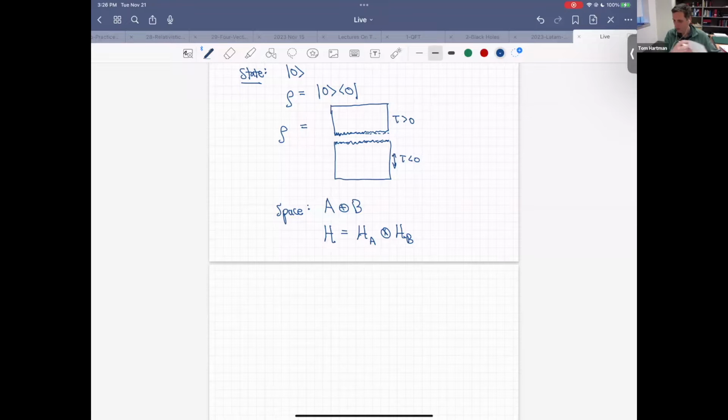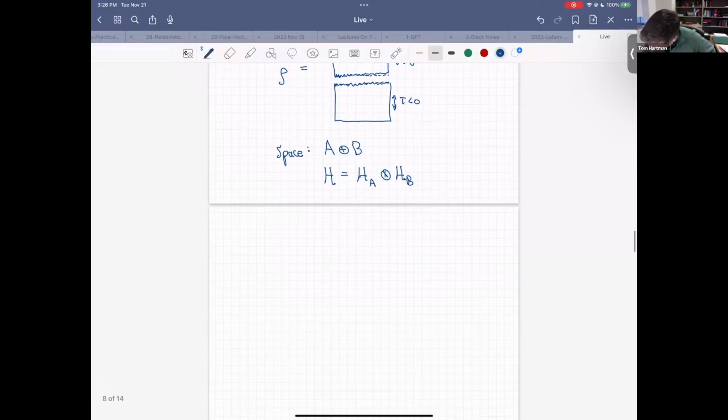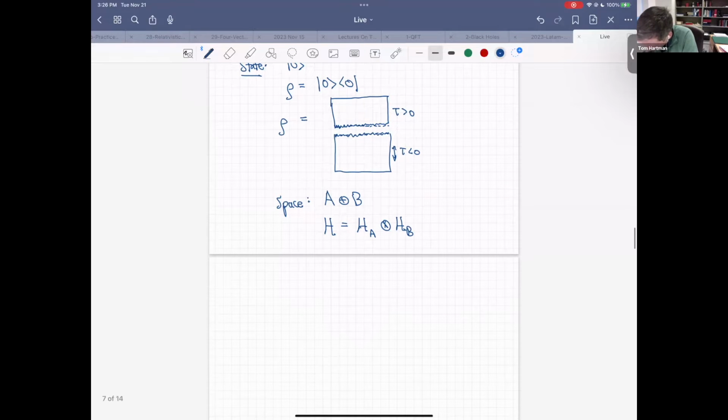Now, in terms of the path integral, the state is originally on the full space, and that's the one we were writing here. But now what I want to do is define the reduced state on region A, which is Rindler space.